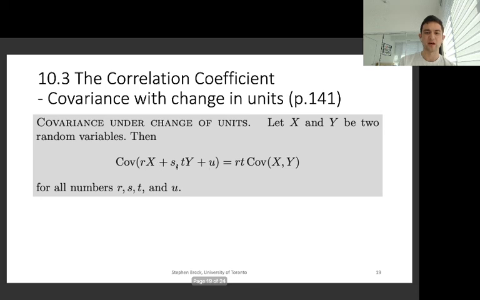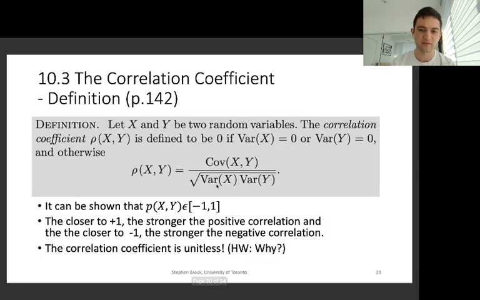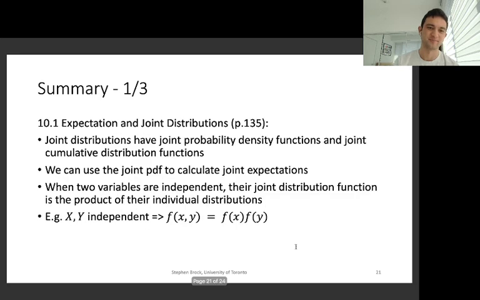So we saw here that it affects the covariance, because obviously this is not covariance of xy, this is covariance of xy times rt. But how would that affect the correlation coefficient? And so you should see that it does not affect it, but if you can try to show that, it would be a good exercise for homework.